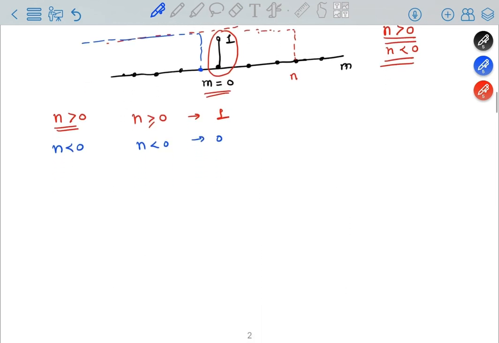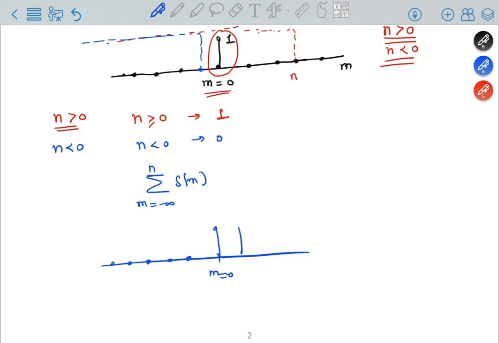Suppose we do that summation, m equal to minus infinity to n of del m. For all values of n less than 0, the value will be 0, and for all values greater than or equal to 0, the value will be 1.